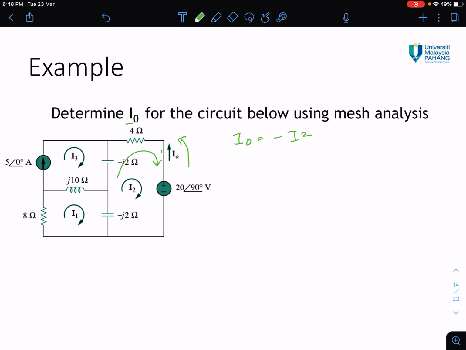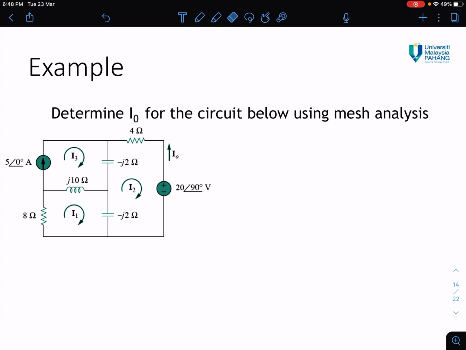So my question to you: do I need to solve I1, I2, I3 in order to solve I naught? You need to answer this question by yourself. So let's do the loop analysis, the mesh analysis.